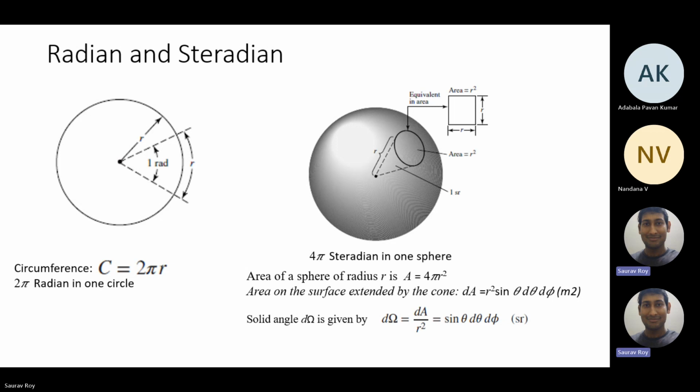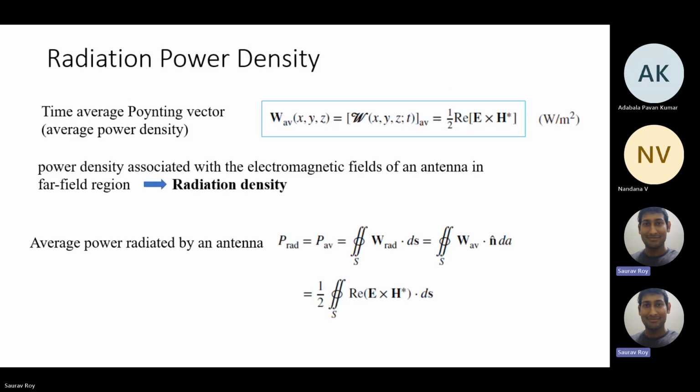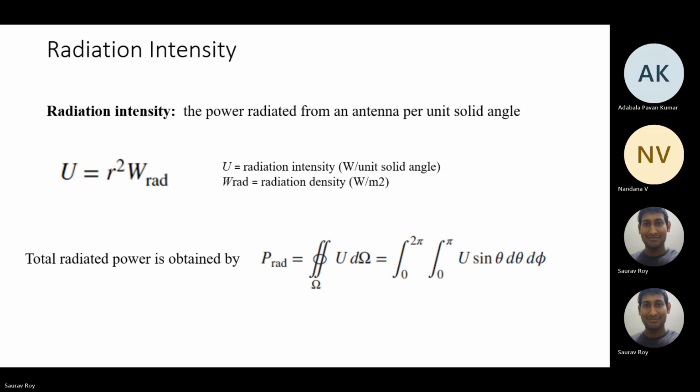So really this r square term is going to connect both of them. I hope you understand what I'm saying. That's why radiation intensity and radiation density are connected only in terms of r square. This comes from the previous definition of solid angle. Is it understood?